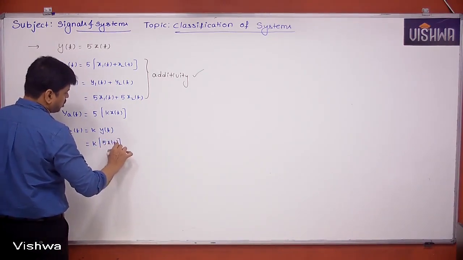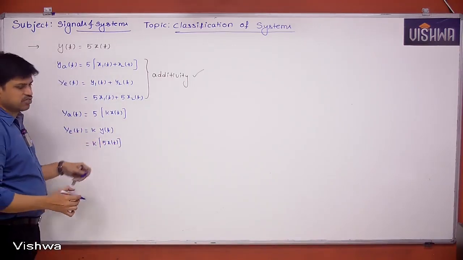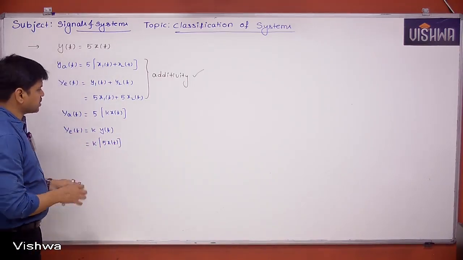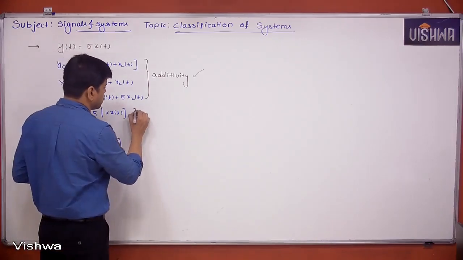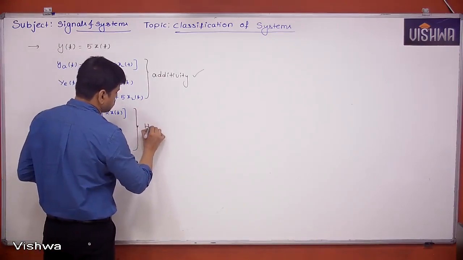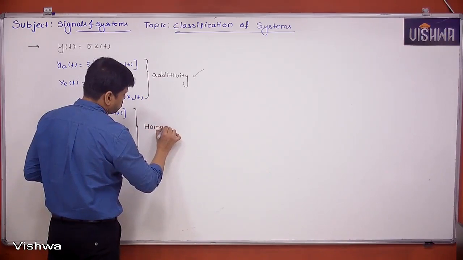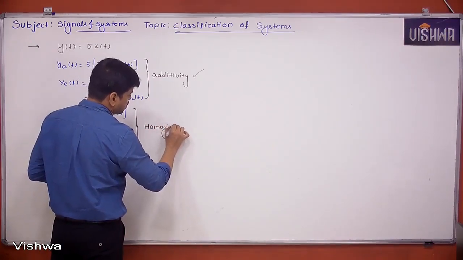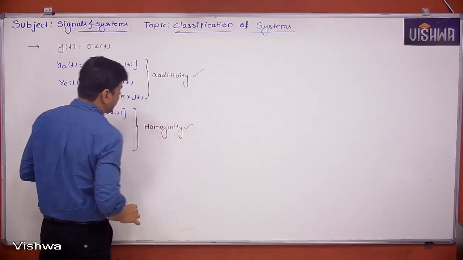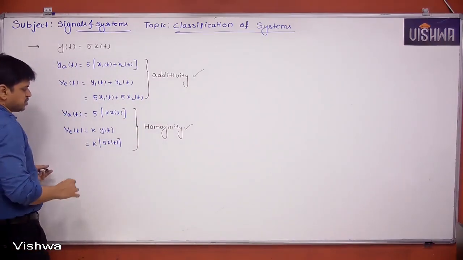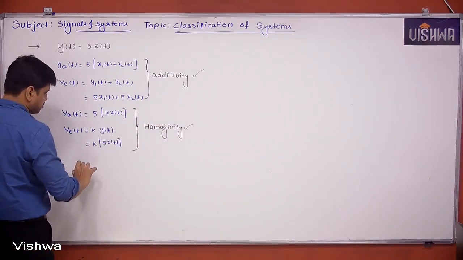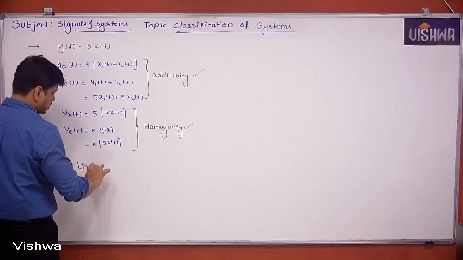If you observe carefully, both are the same, 5k or k5 doesn't make any difference. So I can say it is satisfying homogeneity also. Both the properties are satisfied, so the system is linear.